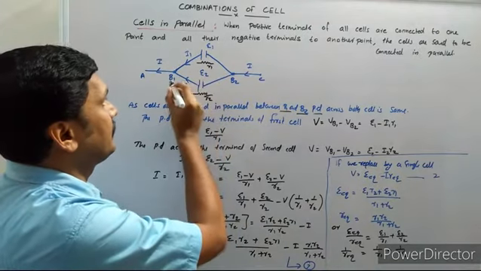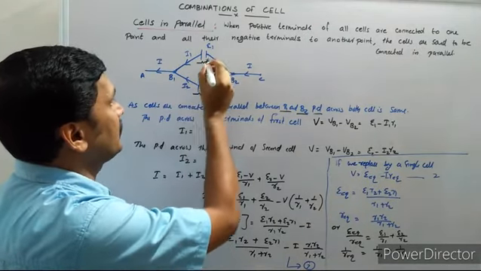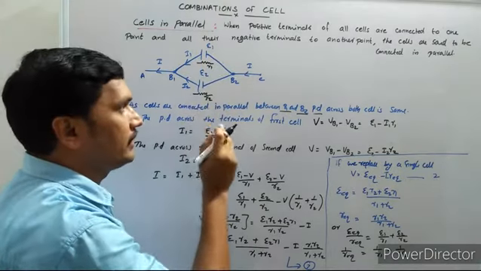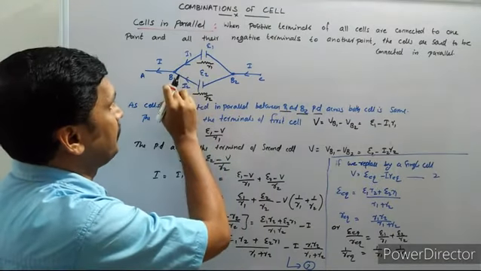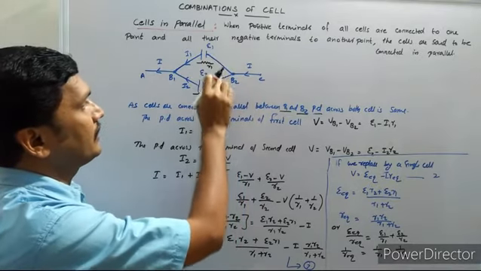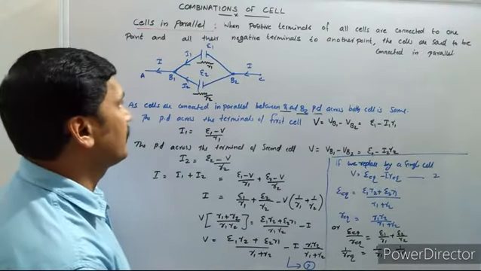As they are connected between the same points B1 and B2, say V is the potential difference between the points B1 and B2, that is the potential difference across E1 and E2.